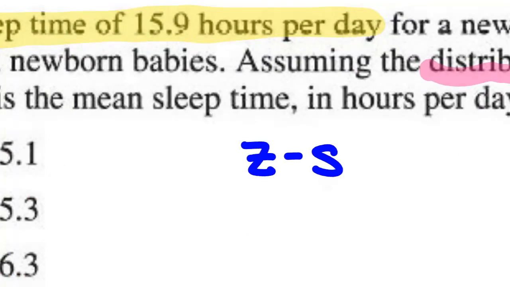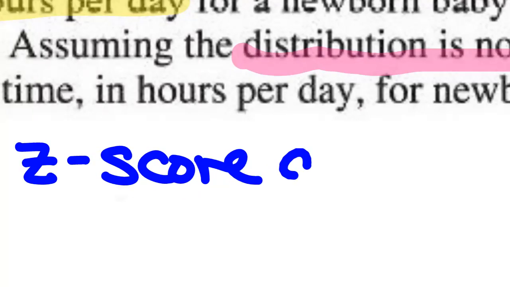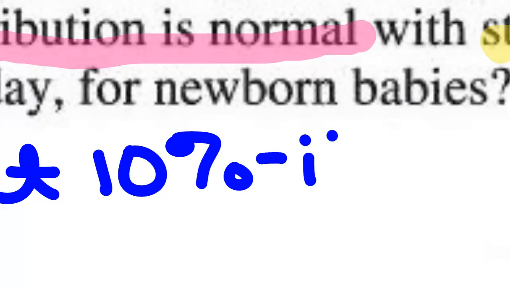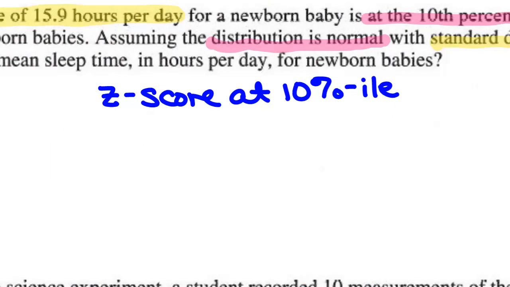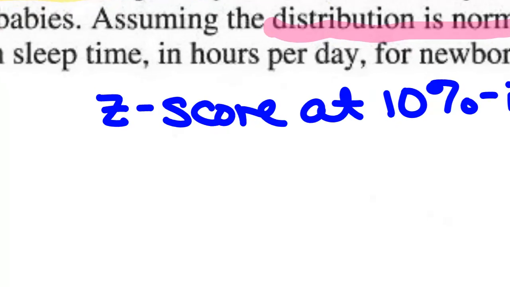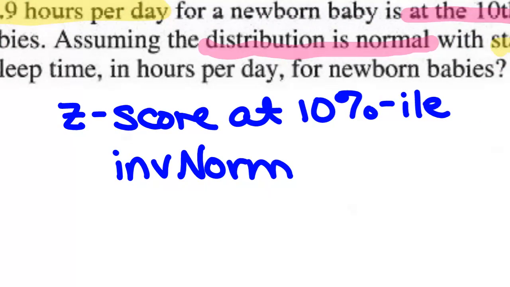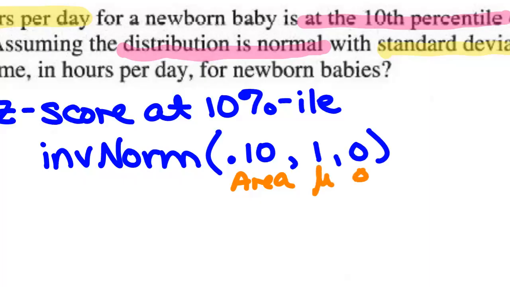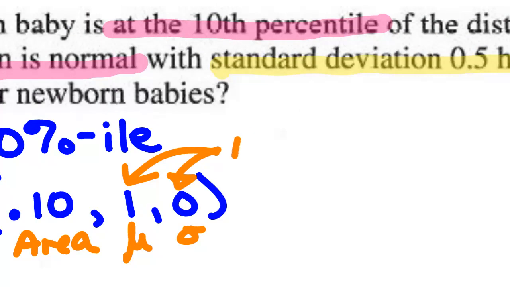So I need the z-score at the 10th percentile. You can use table A to do this, or you can do inverse norm. Since I want the z-score, the mean and standard deviation are 1 and 0. So I want 0.10, that's my area. Mean of 1, standard deviation of 0. Always true when finding z-scores.